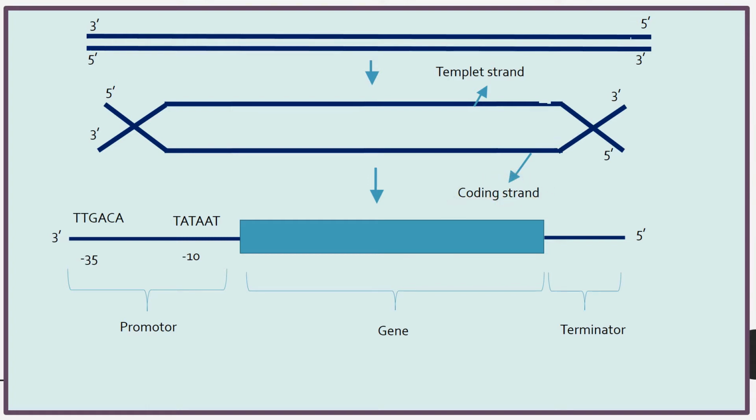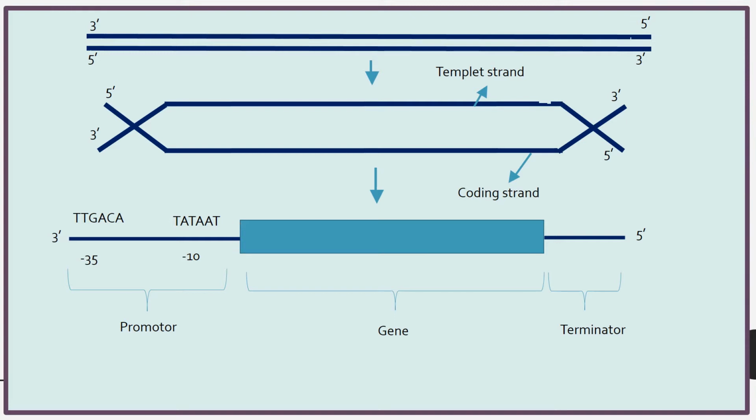Now this is the template strand which is shown here in the last part of this diagram. Here this template strand has a site which is called the promoter. This promoter has upstream sequences. These upstream sequences are the sequences which are before the area from where the gene is starting.